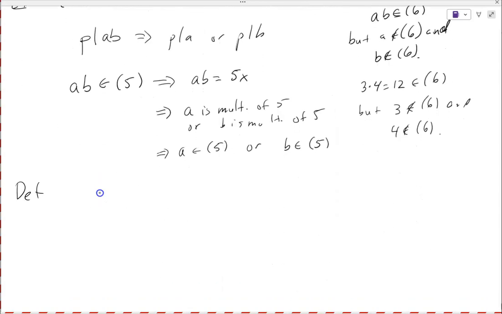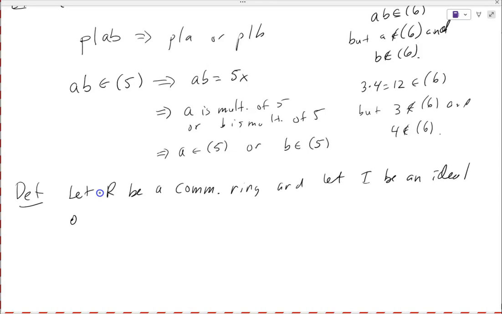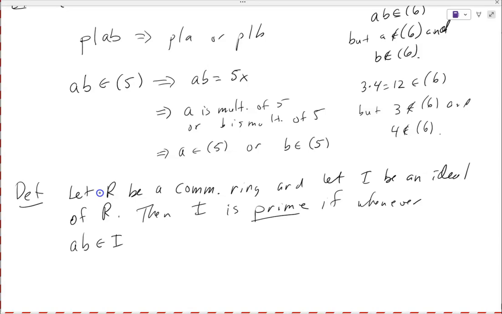Definition: let R be a commutative ring, and let I be an ideal of R. Then I is prime if whenever a product is in the ideal, then one of the factors is.